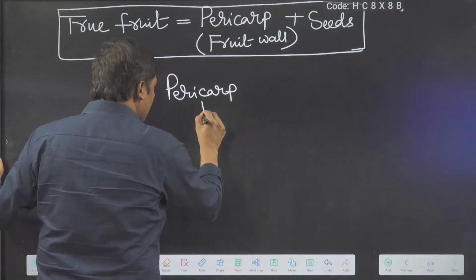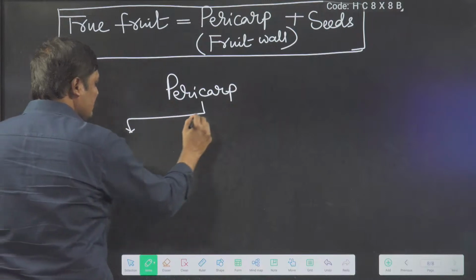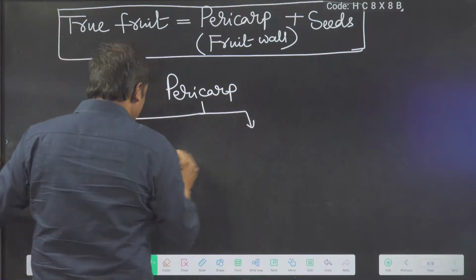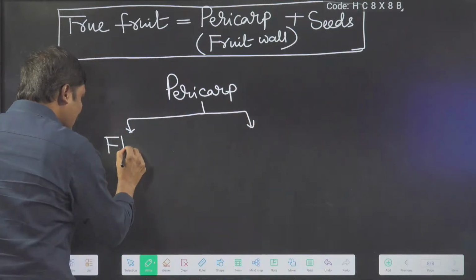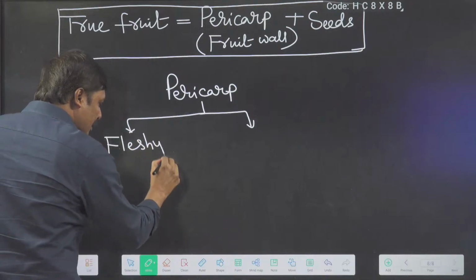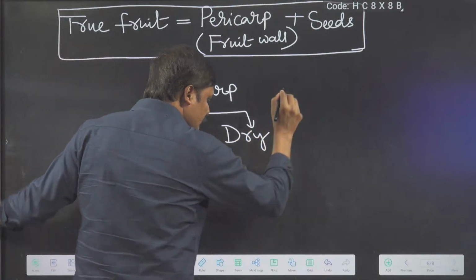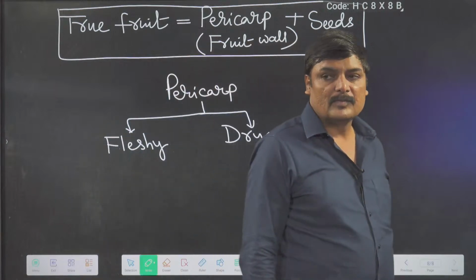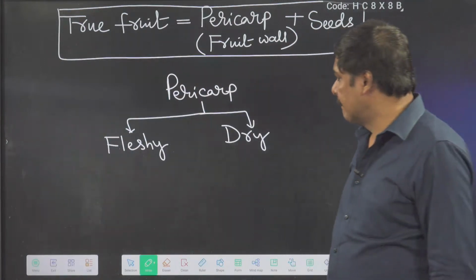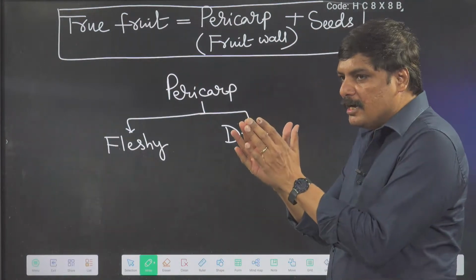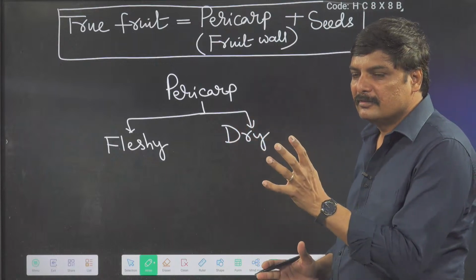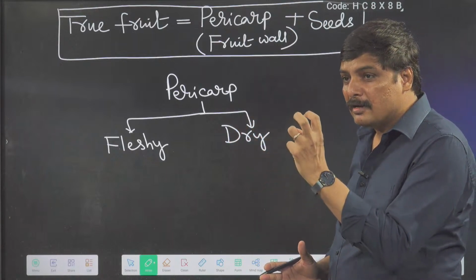Understand? The pericarp may be thick and fleshy, or may be dry.